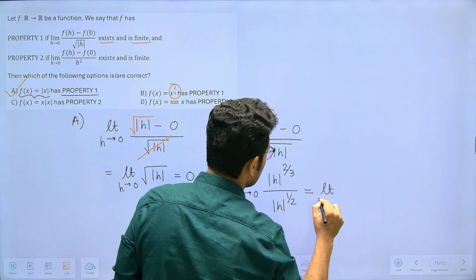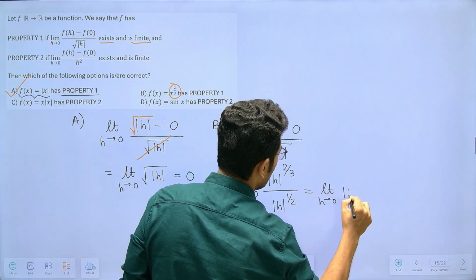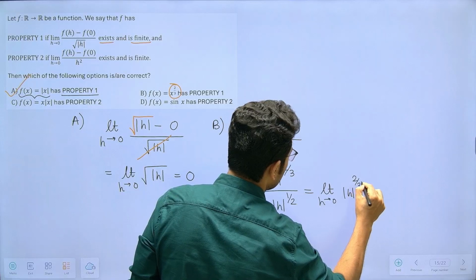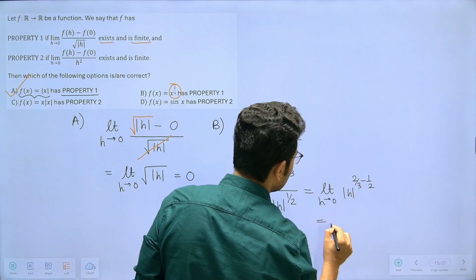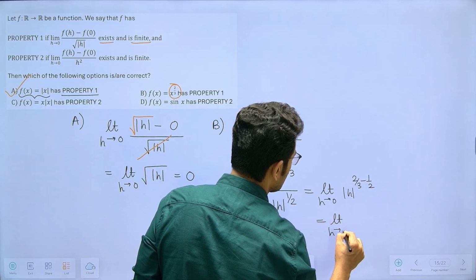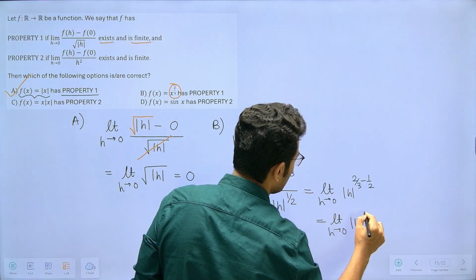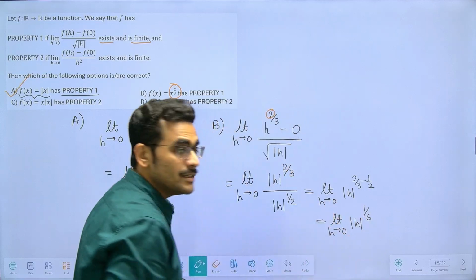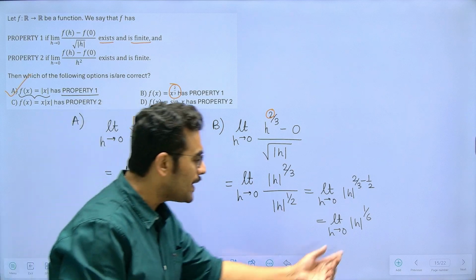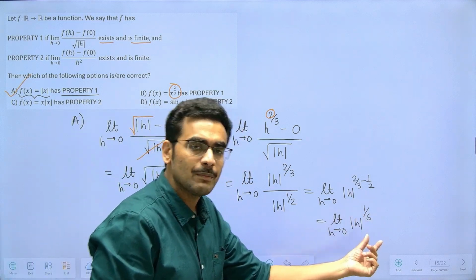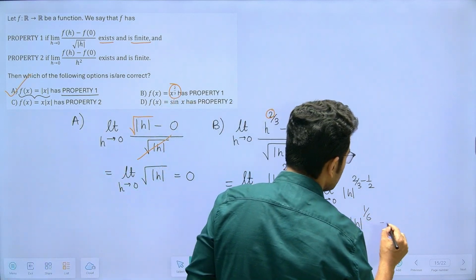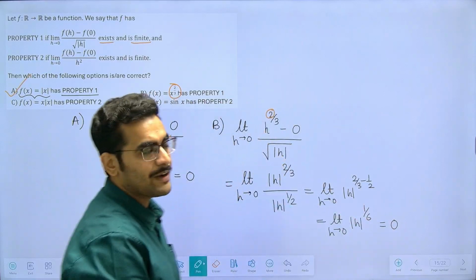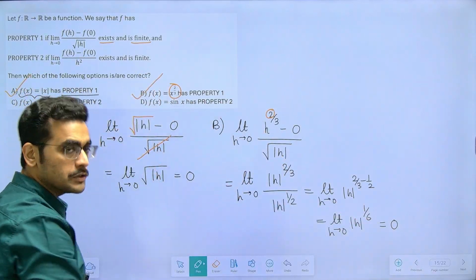This is nothing but limit h tends to 0 of mod h power 2 by 3 minus 1 by 2, that is limit h tends to 0 of mod h power 1 by 6. As h tends to 0, mod h tends to 0, so power 1 by 6 will also tend to 0. So this limit also exists finitely. So option B is also correct.